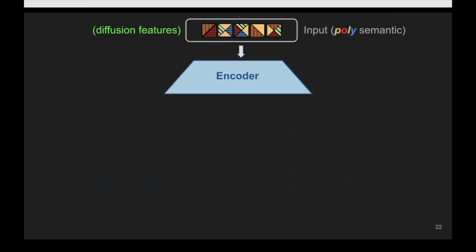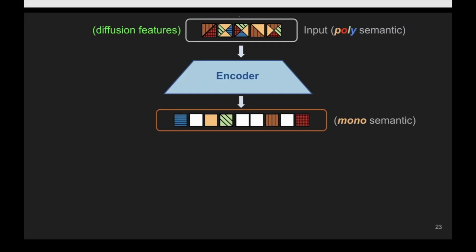So at a high level, diffusion features have complex semantic information in them. We treat them as polysemantic in nature and feed them to an encoder, and depending on the features, the hidden layer representation should be large enough.